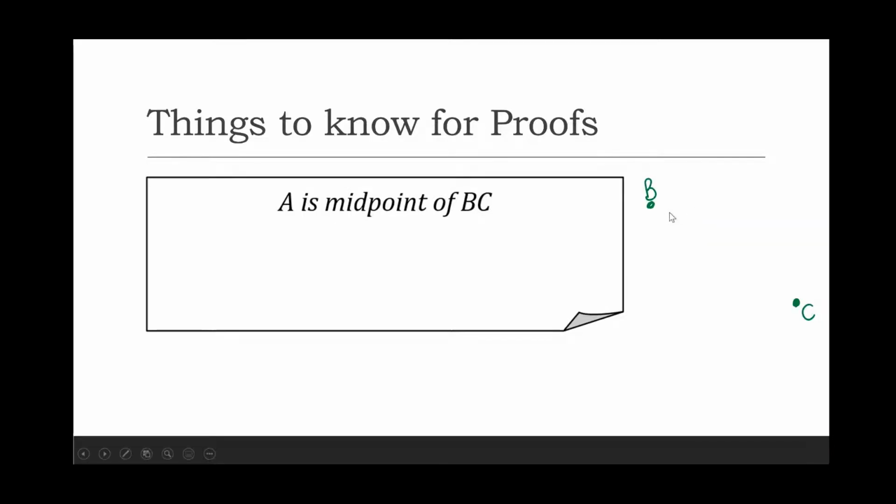What else can we do? Well, if you're told something about midpoints, say A is the midpoint of BC, this tells you that A is right in the middle, and the sides AB and AC are identical, indicated by these tick marks. So obviously BA would equal AC, so make sure you follow the order B to A, meaning it's pointing down and to the right, just like AC down and to the right.